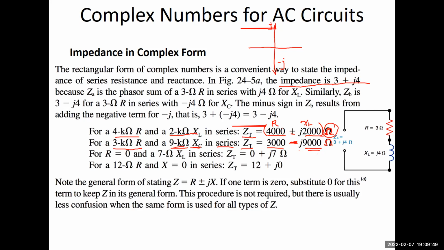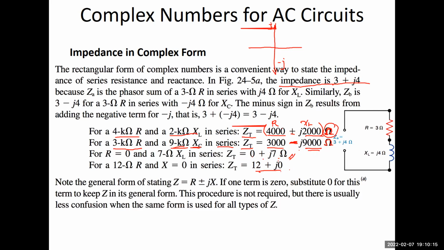Is it clear? And this is how you write when you have 0 R. So that is 0 plus j7. And this is how you write for Z sub T when your reactance is equal to 0. So that is 12 plus j0.